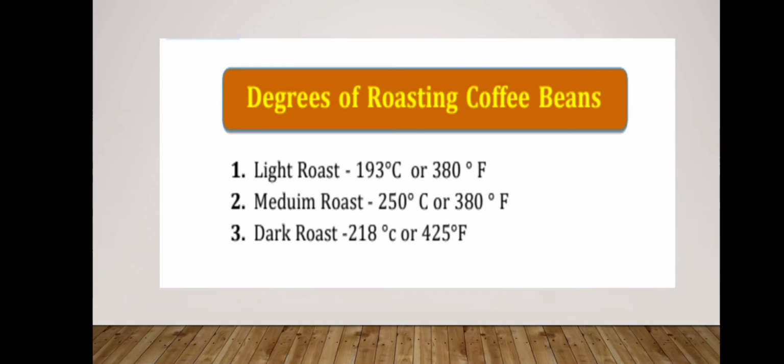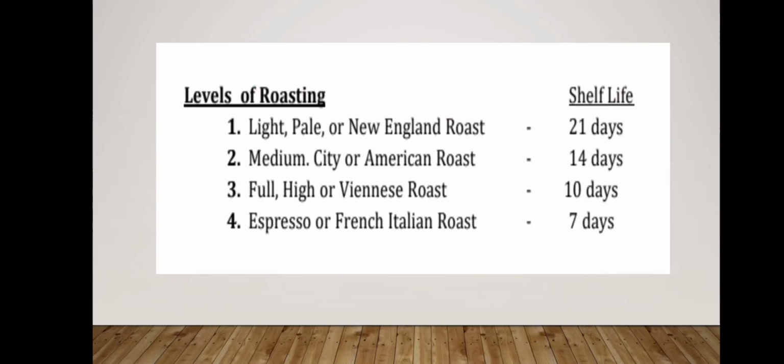While the dark roast, kailangan natin ng 218 degrees Celsius or 425 degrees Fahrenheit. So, para ma-achieve natin kung ano yung roast na gusto natin, meron tayong sinusundan na temperature when it comes to light roast, medium, and dark roast.